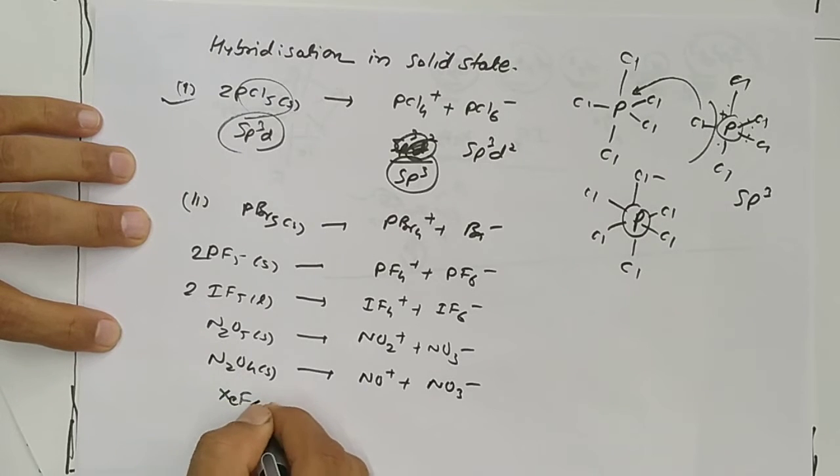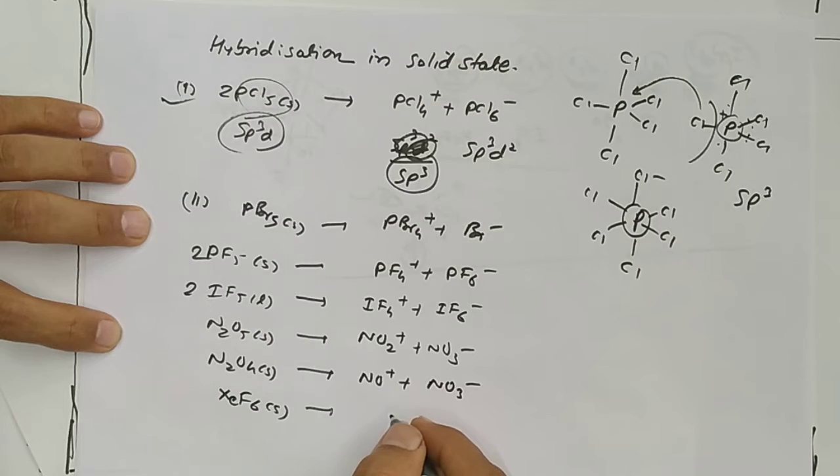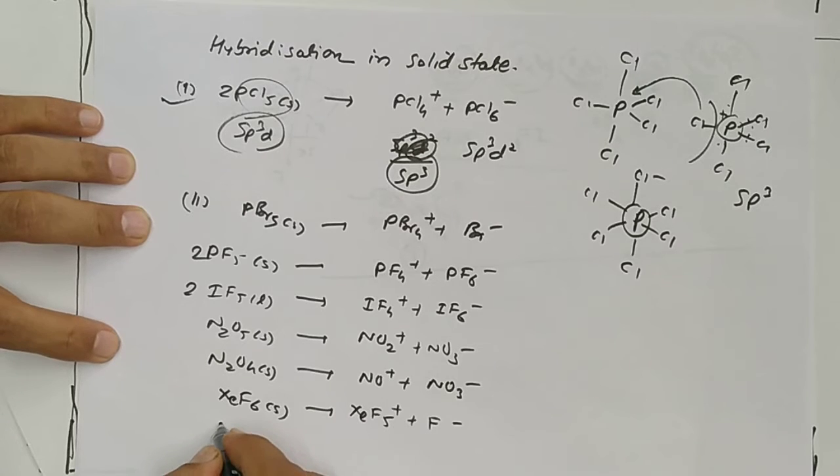Now what about XeF6, xenon hexafluoride? It gives xenon pentafluoride plus fluoride ion. In the case of dichlorine hexoxide, ClO2 plus and ClO4 minus.